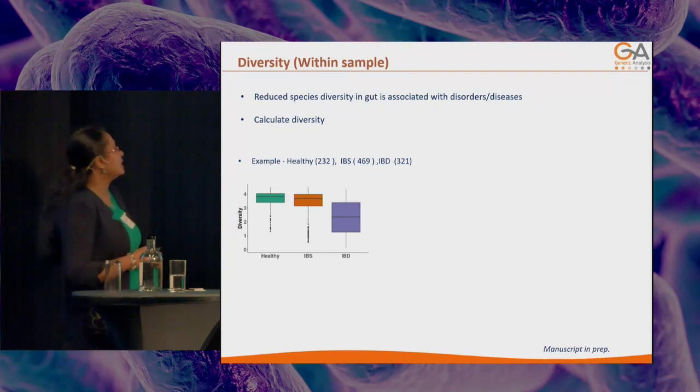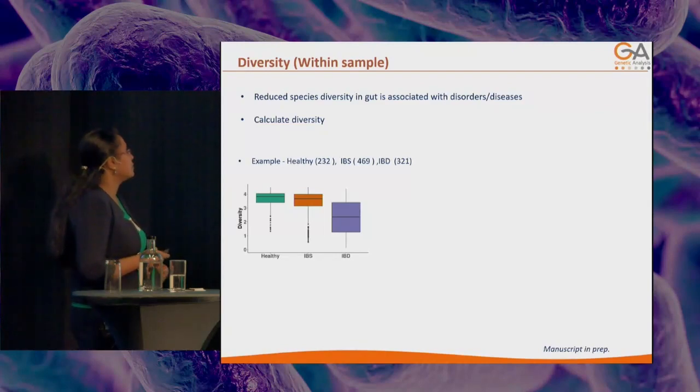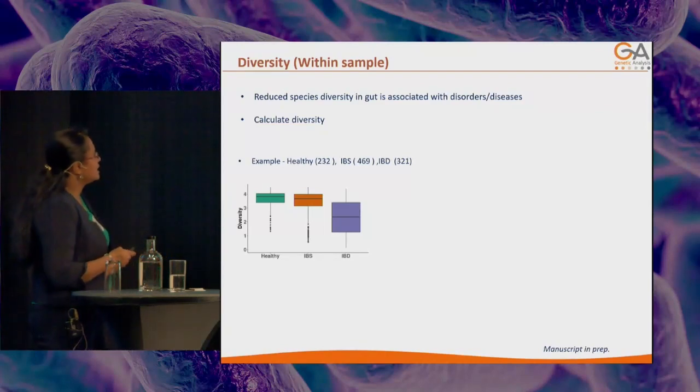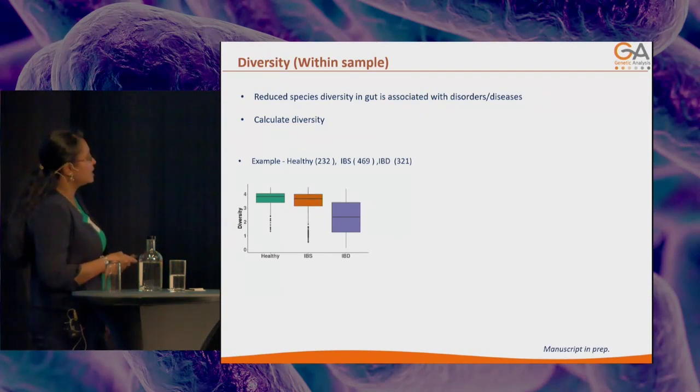If the score is higher, then the sample has higher diversity. Here we can see the diversity score on the y-axis, and the healthy samples have quite higher diversity as expected when compared to the IBD samples. And the IBS samples have more or less comparable diversity to the healthy.